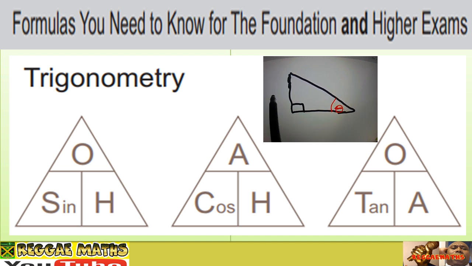So here you've got your opposite, your hypotenuse, and your adjacent. Remembering these three key things is important. Sine is opposite over hypotenuse, which is the longest side. Cos is equal to adjacent over hypotenuse, and tan is equal to opposite over adjacent.